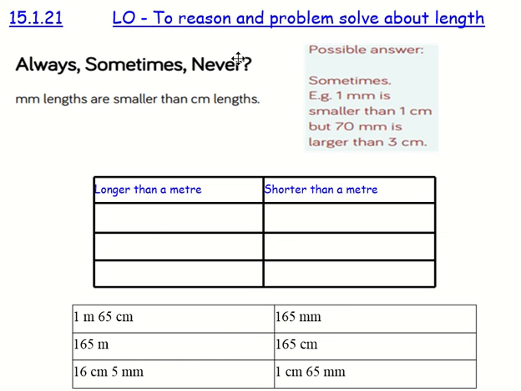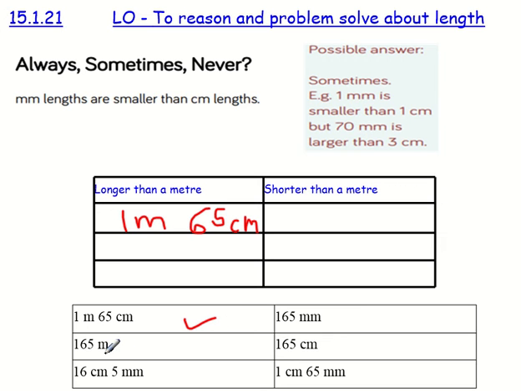So that, if I get my pen, would go into here. 1 metre and 65 centimetres. Okay, we've done that one. We know that that one is longer than a metre.